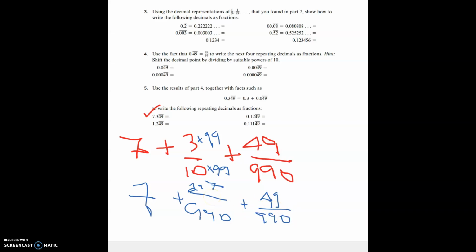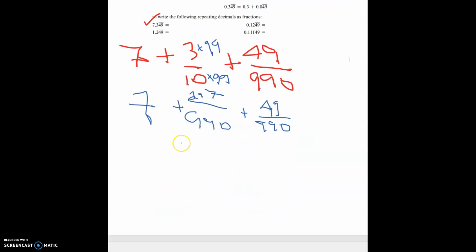All right, so if you take your 297 plus your 49, you're going to end up with 346. So I have 7 and 346 over 990. And that would give me that repeating decimal. If I want it improper, then I'd have to take 7 times my 990, and then I'd have to add in my 346.